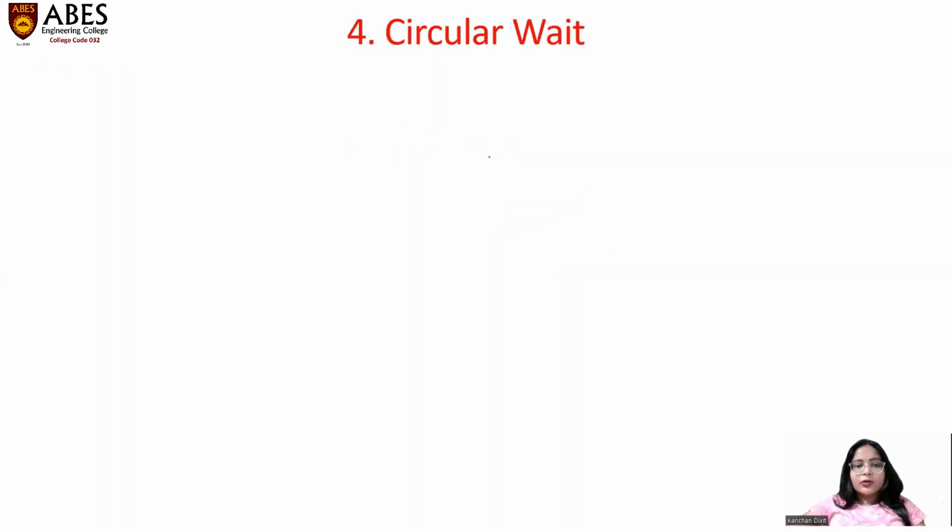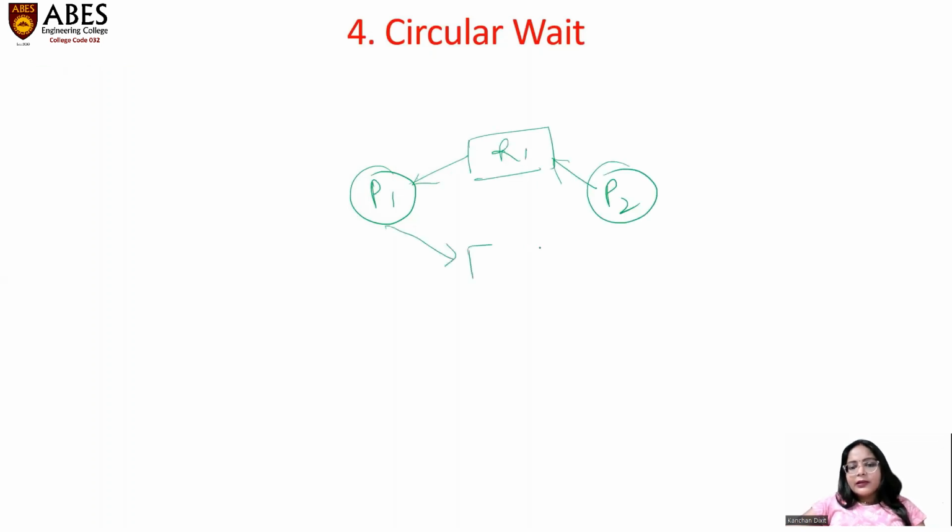Now, circular wait. What is circular wait? For this, again, we need an example. There are two resources and two processes.